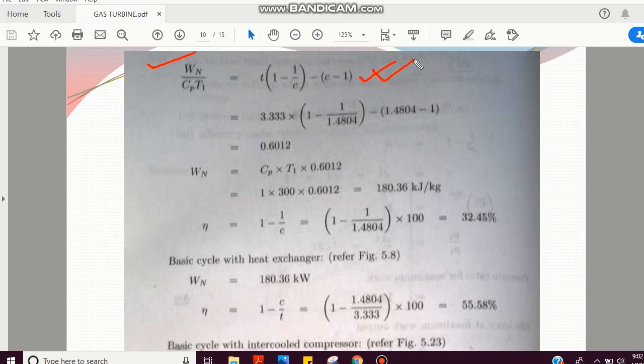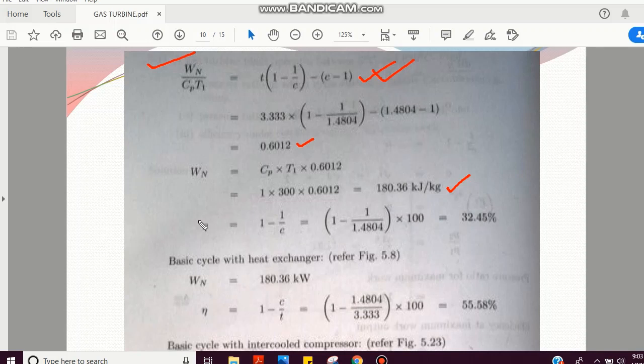By substituting the t and c values, we get a specific work output of 0.6012. To get the net work output Wn, we multiply this value with Cp and T1. Cp is 1 and the inlet temperature T1 is 300 Kelvin, so that becomes 180.36 kilojoule per kg.